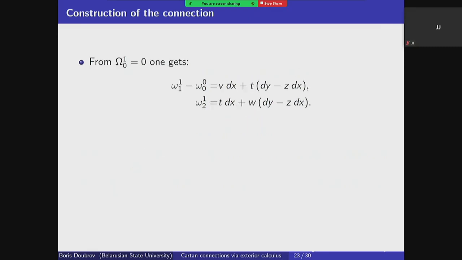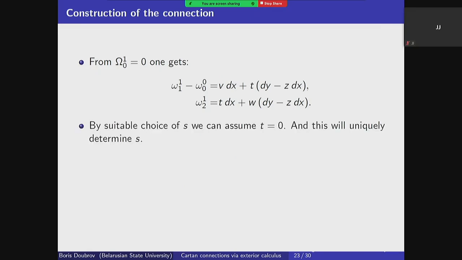You go on, you impose two other conditions, omega 1, 0, and 2, 1, and then you get more and more conditions, very explicit. At each step you solve linear equations, nothing more. And these linear equations start to define all other components of your Cartan connection.